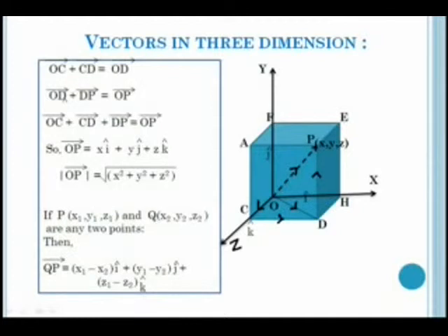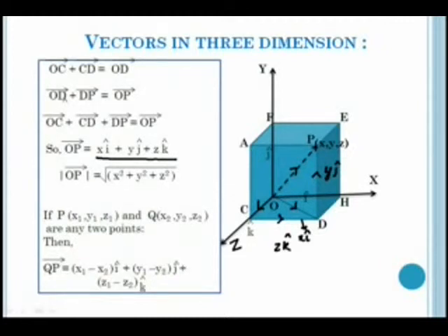Now the OC vector is nothing but z times k cap, the CD vector is nothing but x times i cap, and this DP vector is nothing but y times j cap. So the OP vector would be equal to x times i cap plus y times j cap plus z times k cap. Thus we can represent any vector OP in 3 dimensions as a linear combination of 3 vectors, which is x times i cap plus y times j cap plus z times k cap.